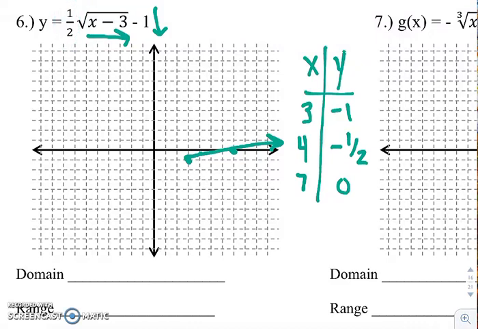Now for the domain and range, it's starting at this point. So it's starting at positive 3 for the domain and then going to the right. So our domain will start at 3 with a bracket because it's included and go to positive infinity.